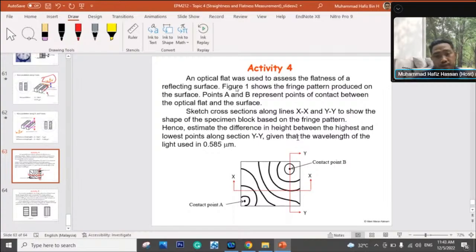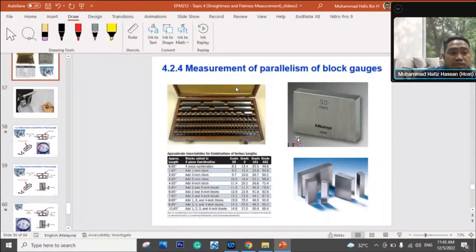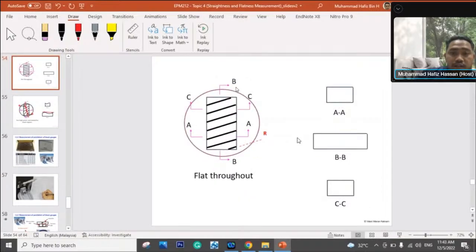So you have two contact points, the same as the previous example I told you. Sketch the cross sections along x dash x and y dash y. So same goes for this example.